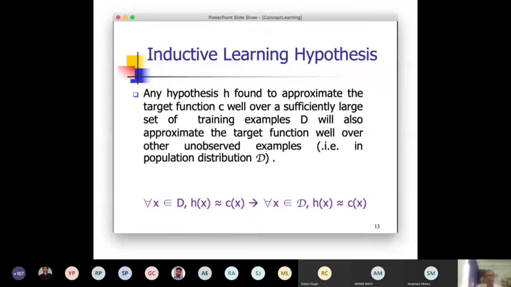In a mathematical form, we can express this inductive learning hypothesis. Here I have used two symbols. Let me use a pen.